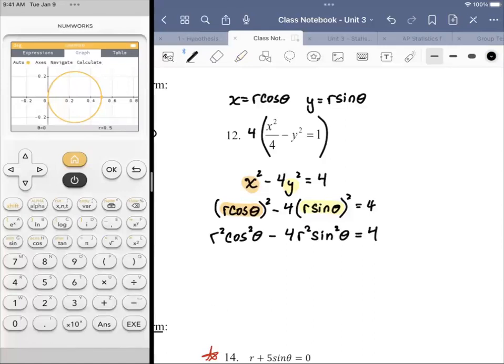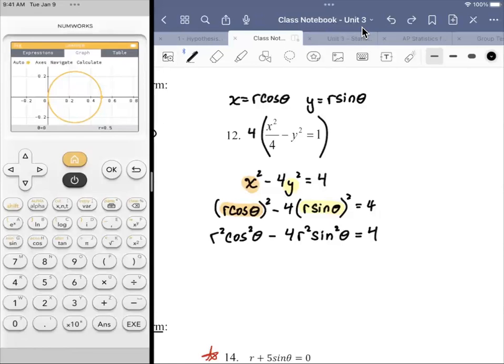Now, ultimately, the goal here, based on these instructions, is just to get it in terms of R's and thetas. We were done with that in this step here.